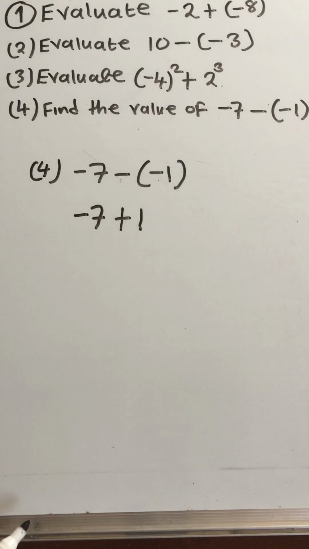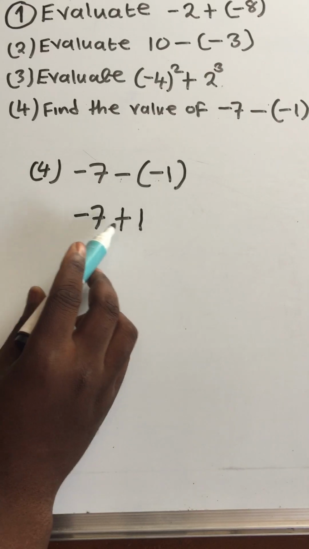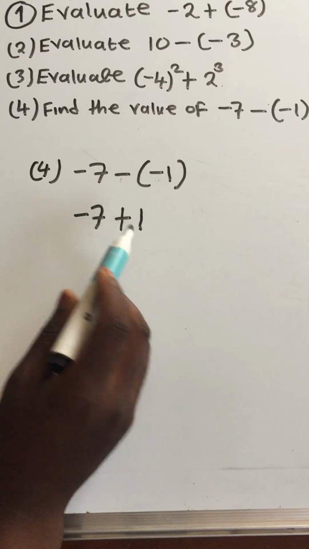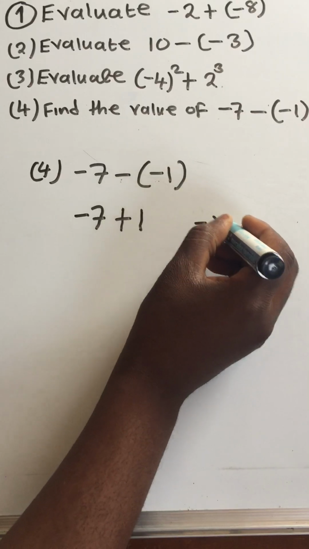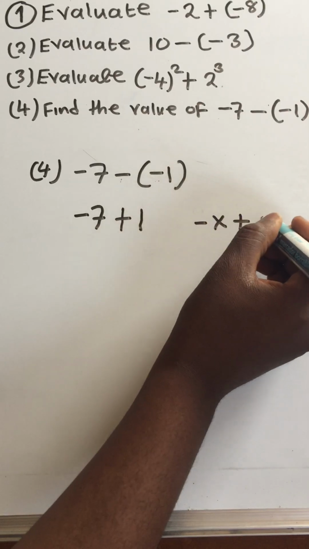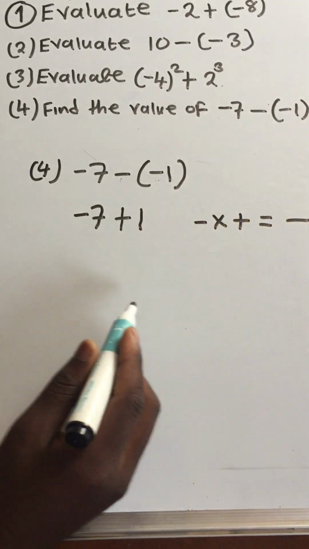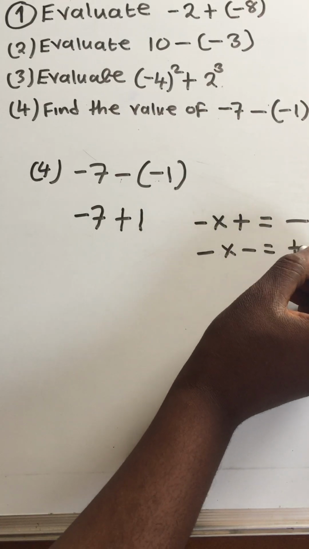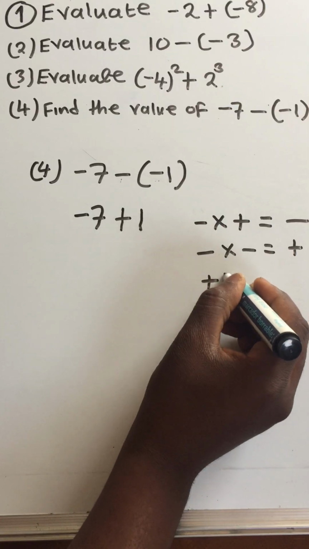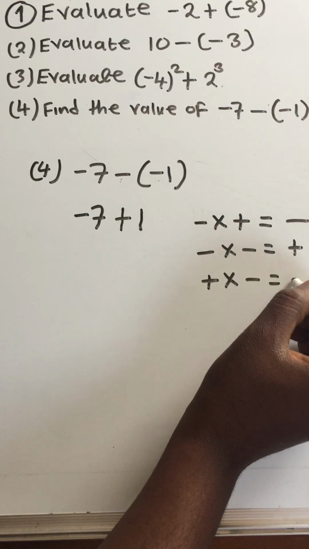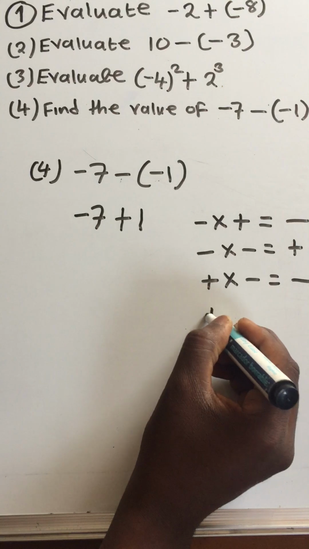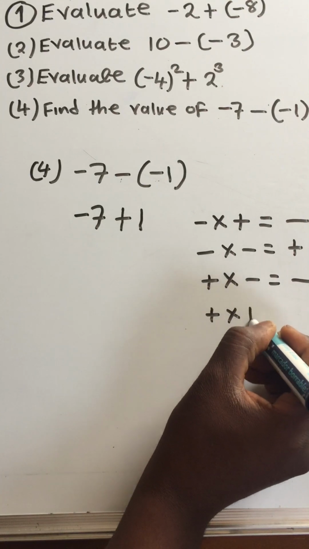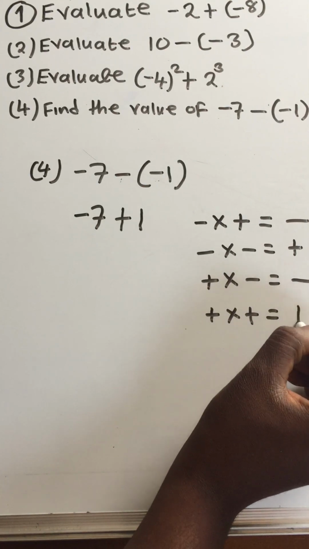Have you seen there is a negative and there is a positive? So different signs. Negative times positive, it's what? Negative. Negative times negative, you get a positive. Positive times negative, you get negative. Positive times positive, you get a positive.